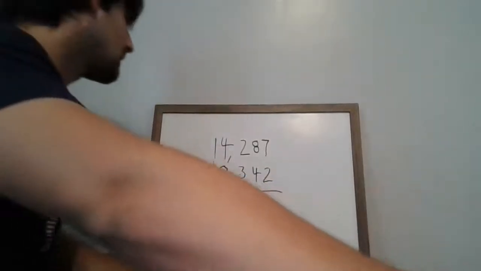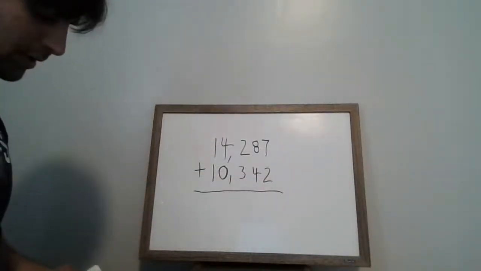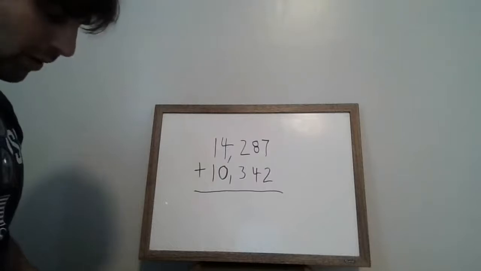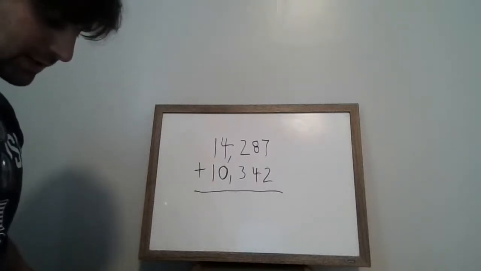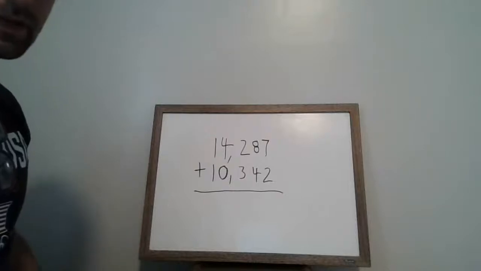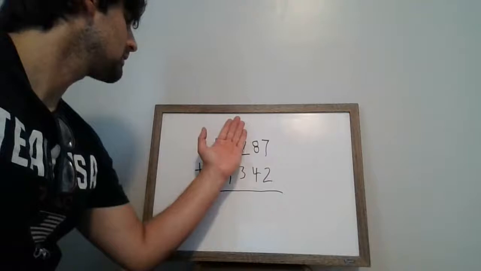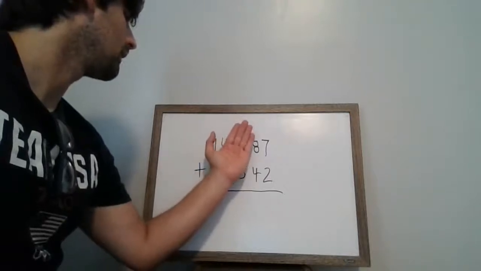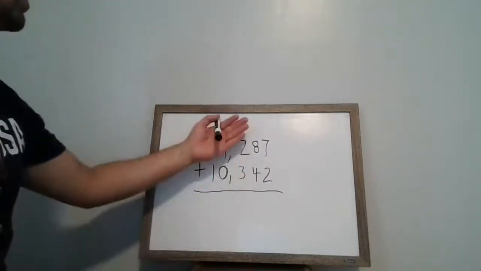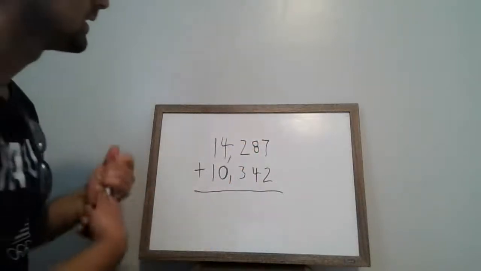So we have 14,287 plus 10,342. The first step is we go all the way to the ones place. In the ones place we have 7 plus 2, which is 9.